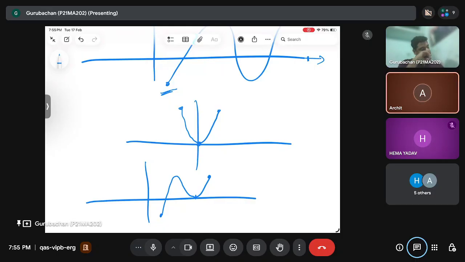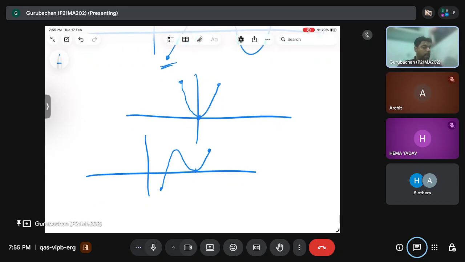Odd number of roots. See, your statement is correct, but in your statement, you have to be precise. There will be an odd number of roots, but you cannot guarantee how many times it will cut your axis. For example, here it is cutting one time, touching one time. But the guarantee of the roots will be the same.